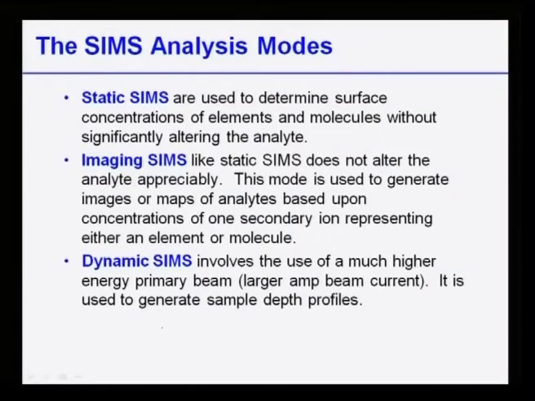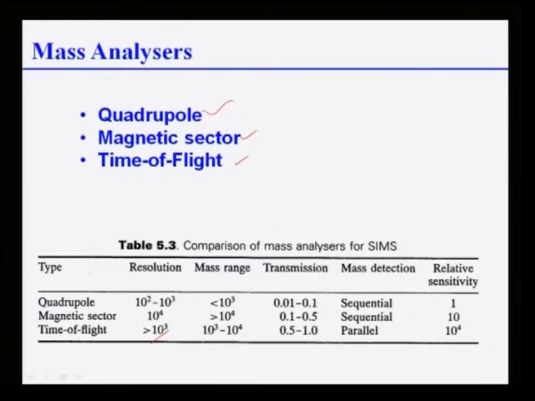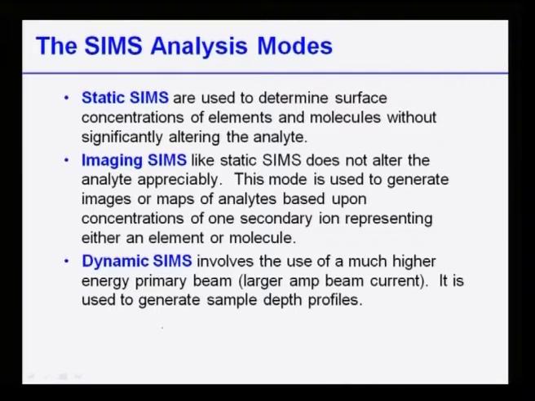Now, SIMS analysis can be done in different ways. The most widely used one is static SIMS, which is used to determine the surface concentration of elements and molecules without significantly altering the sample. Then you can do imaging SIMS, which I mentioned a few minutes back. Like static SIMS, it does not alter the sample appreciably.